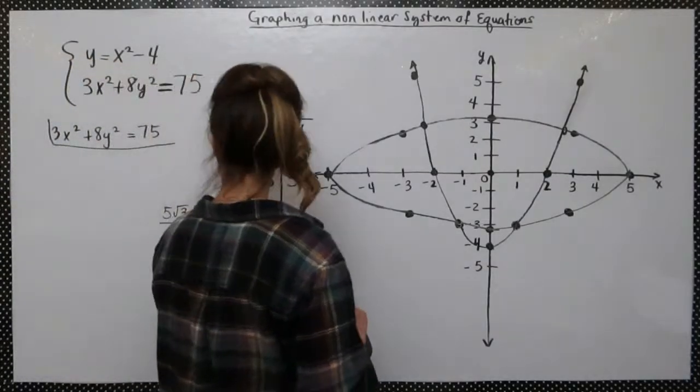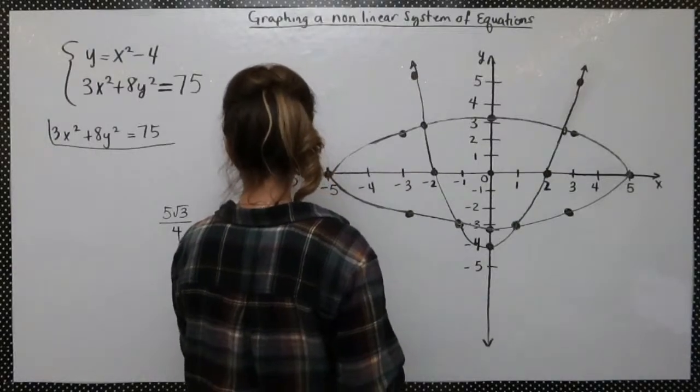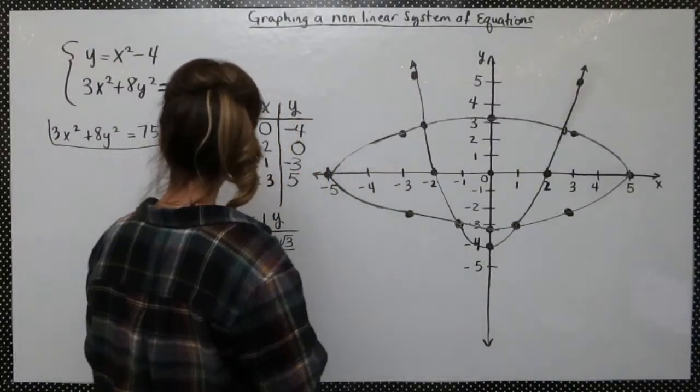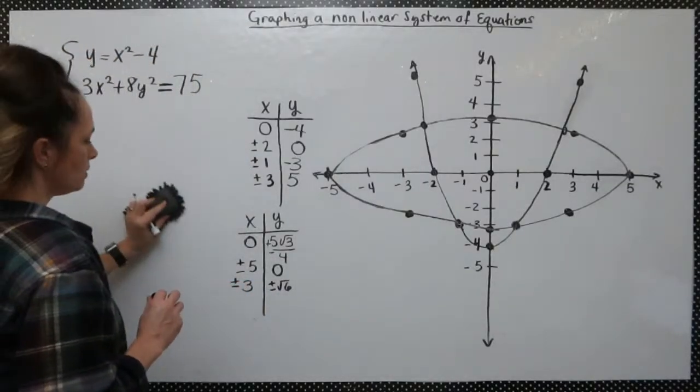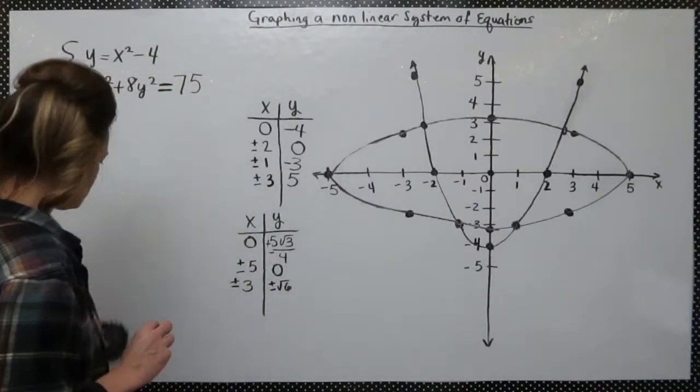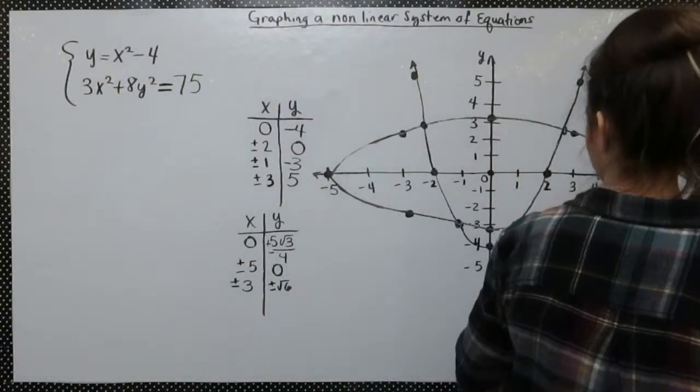Thank goodness. All right, so it was 5 radical 3 divided by 4, plus or minus. I thought I was going to have to go recalculate that, which is irrelevant at this time because I didn't have it marked on my graph. And we're already at 42.